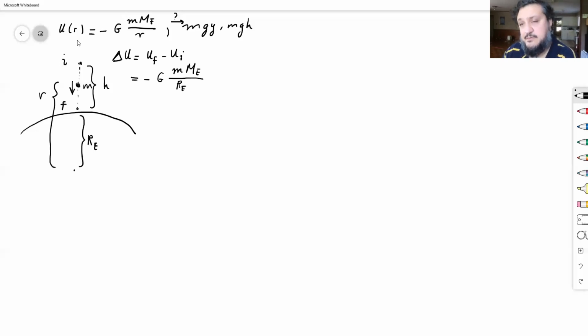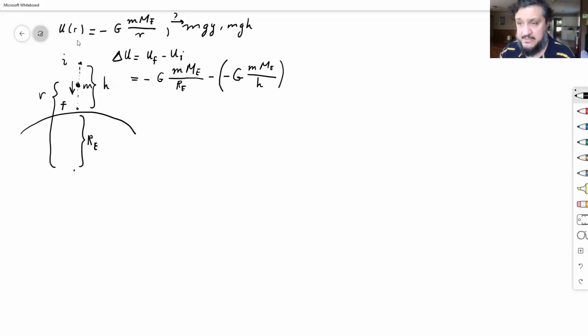That's the first term, UF, minus, and then write it again for the initial position: negative G times ME again, these constants, divided by RI, which is just H. H is the altitude, measured from the surface of the Earth. Now, this formula is exact.